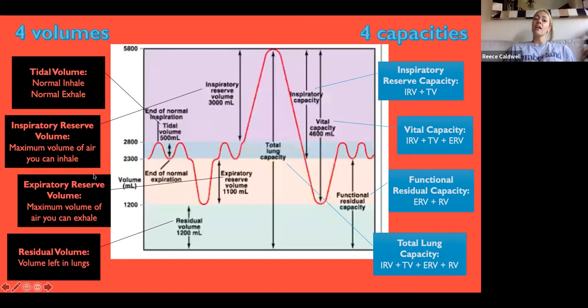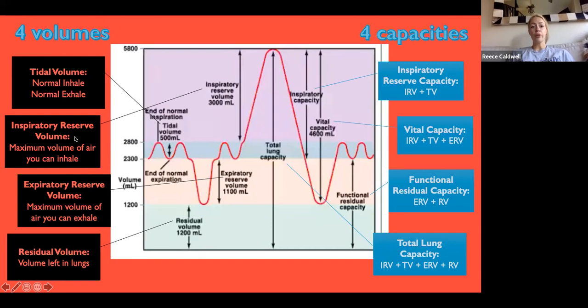So when looking at a spirograph, we will always have 4 volumes and 4 capacities if we're looking at the standard test. So the volumes are very important to understand because once you understand the volumes, you'll be able to understand the capacities.